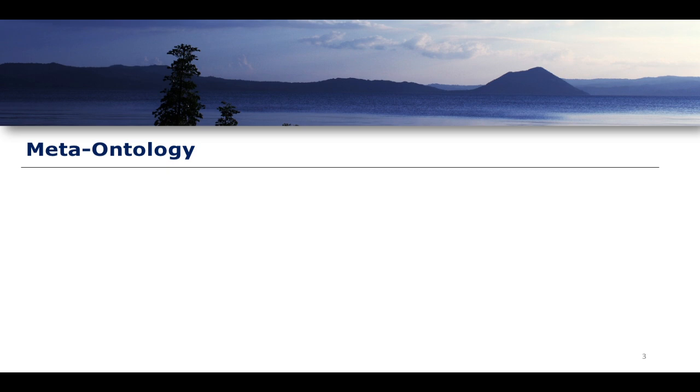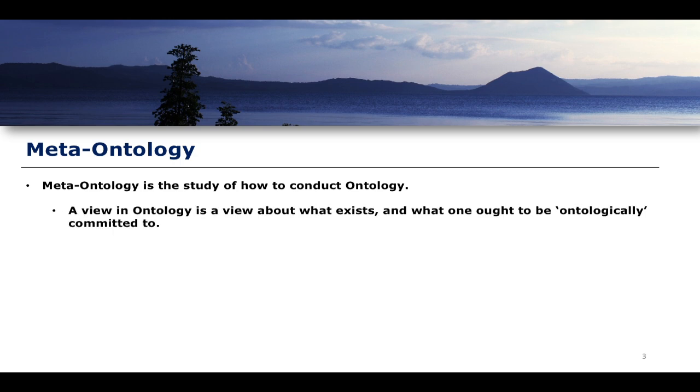So, what do we mean when we talk about meta-ontology? Well, meta-ontology, as the name suggests, is the study of how one conducts ontology. A view in ontology is a view about what things exist, what things we ought to be ontologically committed to, which statements we ought to be ontologically committed to.